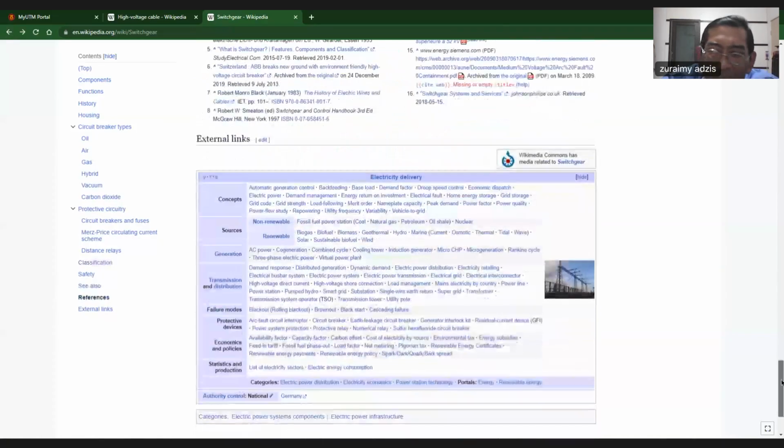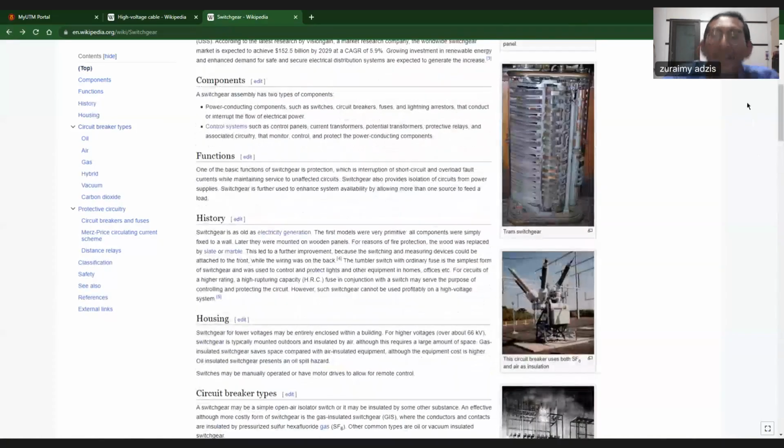Nice. So I hope you understand the meaning of the switchgear itself. Where is it used? Even on our campus, we have switchgears at the new campus area where the voltage coming in is 132 kV, being stepped down to 22 kV, and they have transformers over there. Whenever you have transformers that step down the voltage, you will need switchgears, and all of them are controlled by SCADA.